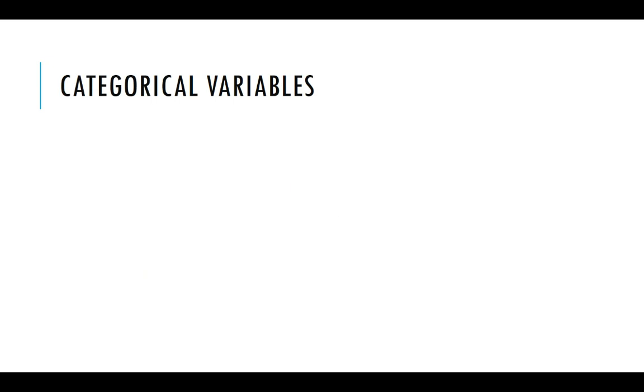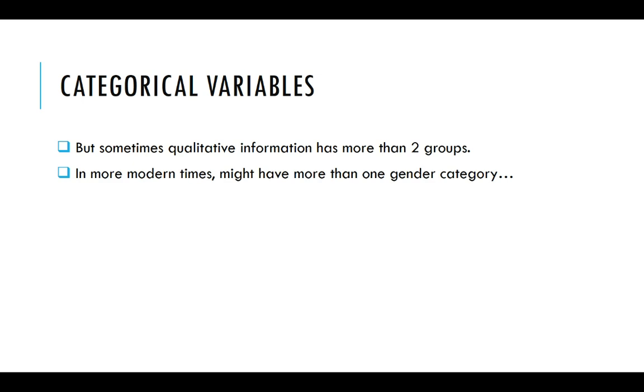Slightly more sophisticated, but not difficult, is the idea of a categorical variable. Sometimes we know qualitative information has more than two groups. So we did a very easy male-female, but sometimes we have more than two options. So if I was thinking more modern times where we give more options, I might have more than one gender category.